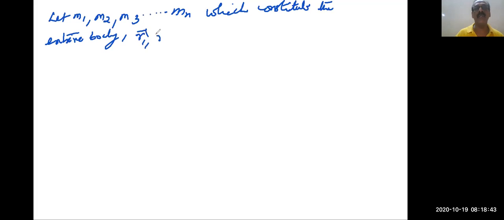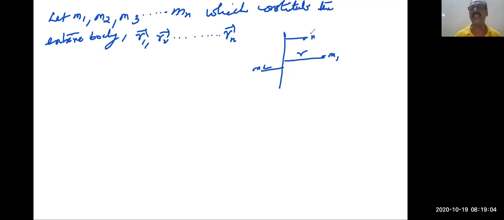And R1, R2, ... Rn are their perpendicular distances, see, this is M1 and this is M2, this is M3, from the axis of rotation.